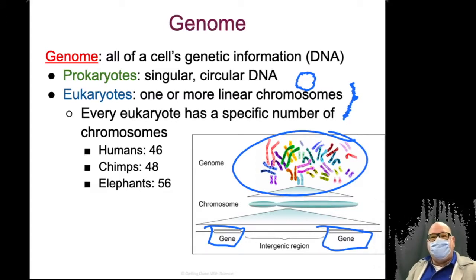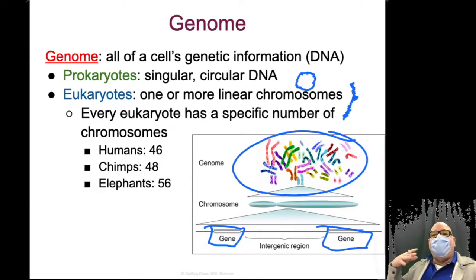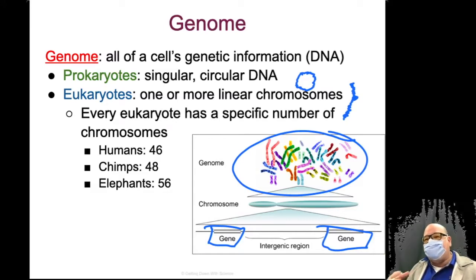In humans, it's 46 or 23 pairs. In chimpanzees, it's 48. In elephants, it's 56. There is no correlation between the number of chromosomes and the complexity or the evolutionary state of the organism. There are ferns that have over 1,000.